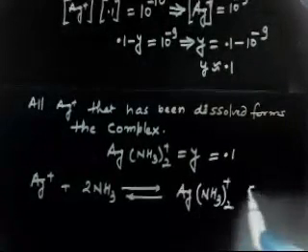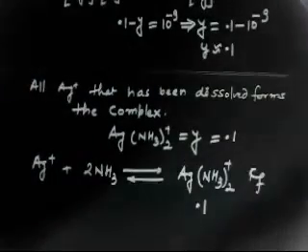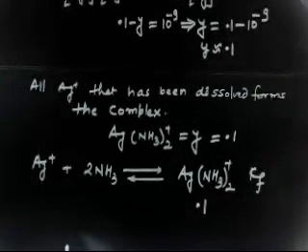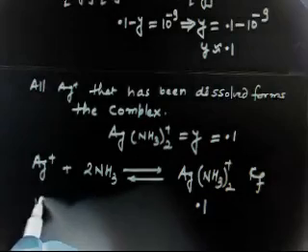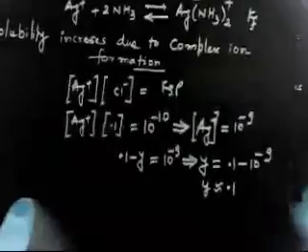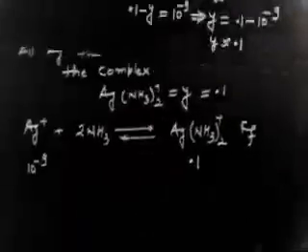I have to go fast. This is Kf. This concentration is 0.1, and the concentration of Ag+ we have already used in the first part. You can check your notebook: Ag+ is 10^-9. So now I can solve for NH3.